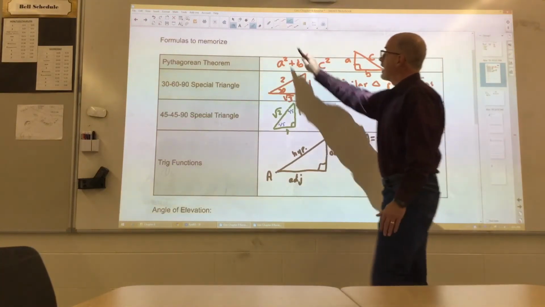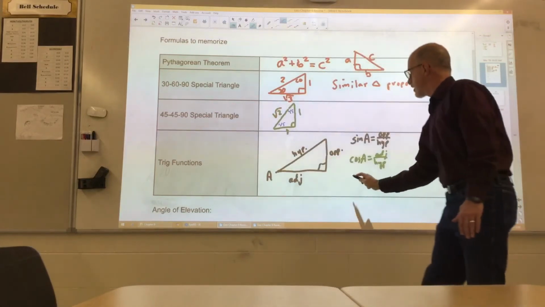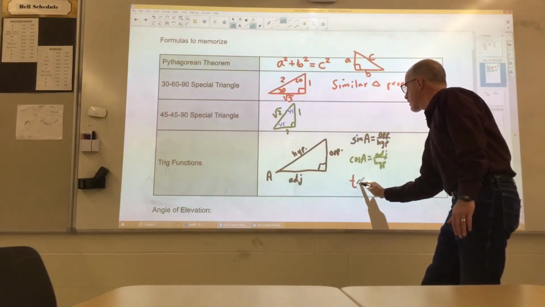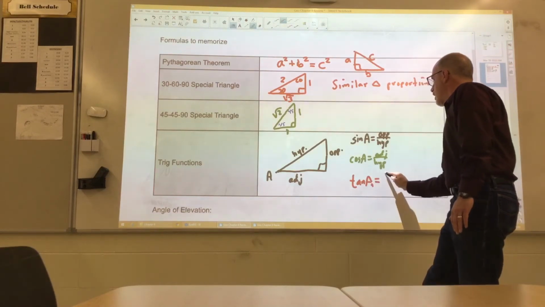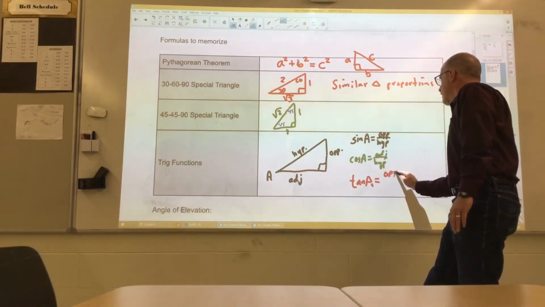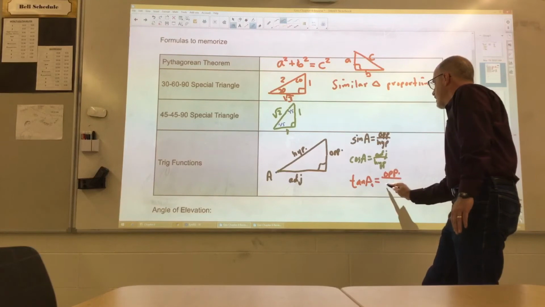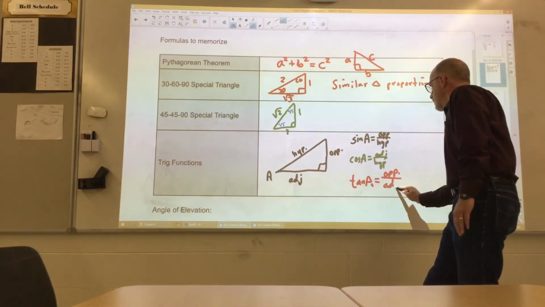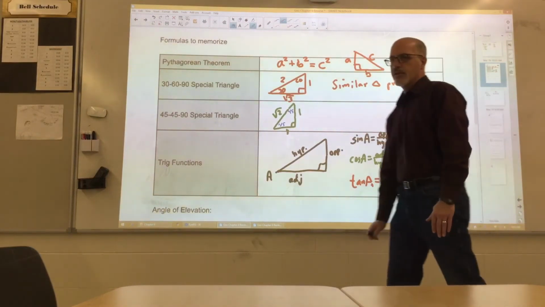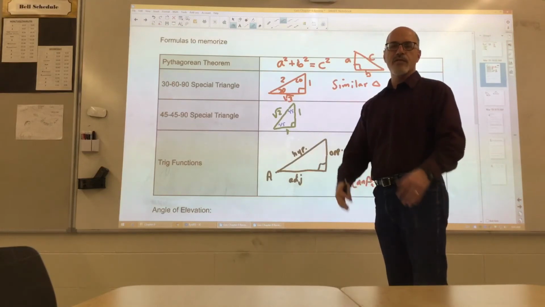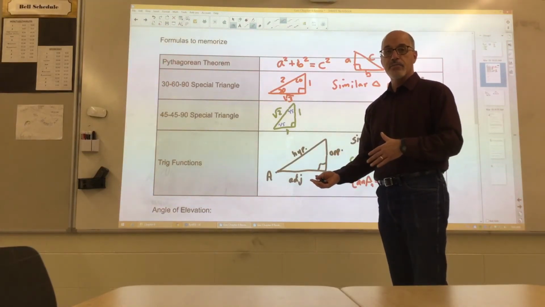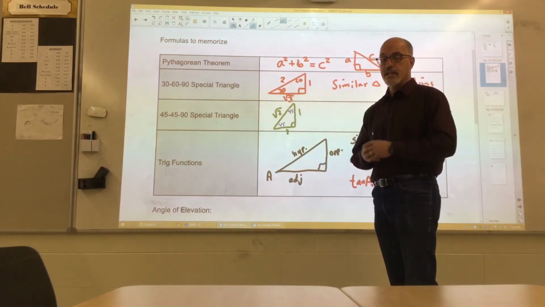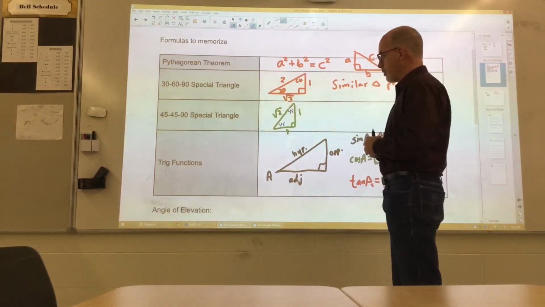And then our tangent of A is going to equal the opposite side over the adjacent. And this is where we learn the SOHCAHTOA, which you have another video that you have an option to look at in Ed Puzzle that talks about SOHCAHTOA.